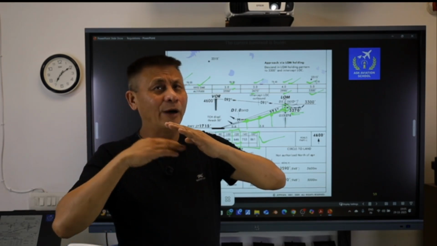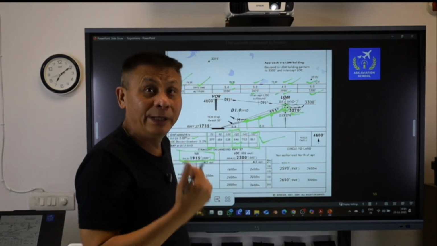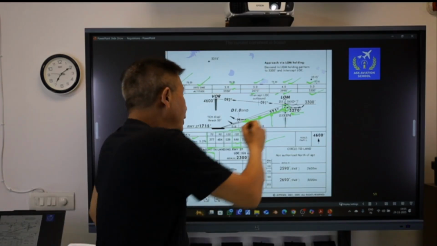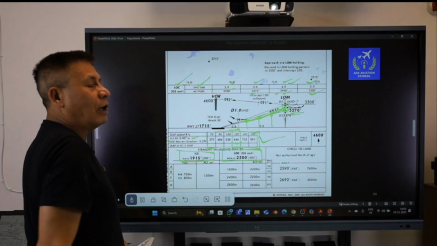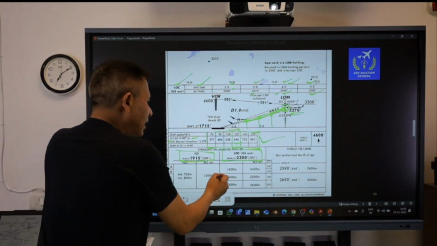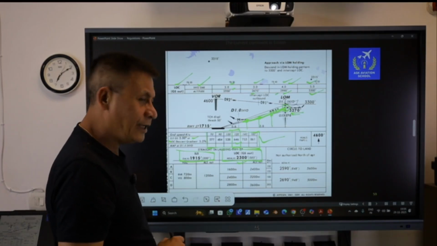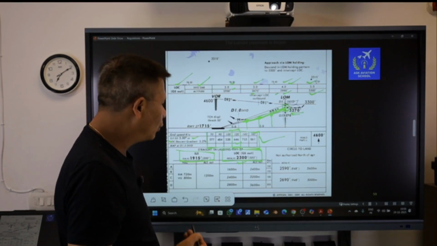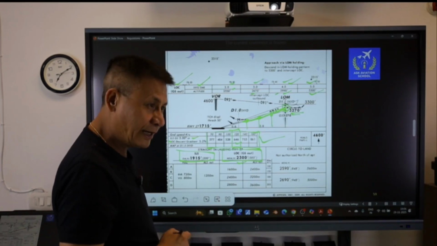And anytime my altimeter is showing any height which is below 2990, I am below the desired path, so I will reduce my rate of descent so that I follow this desired path. In case a localizer only approach is being carried out, the minima now has increased to 2,300 feet MDA, and the DH is 585.